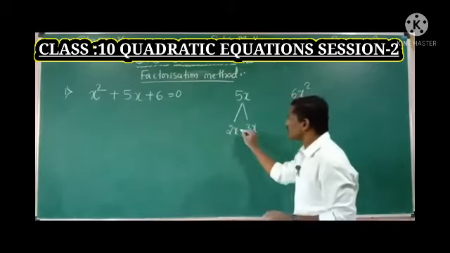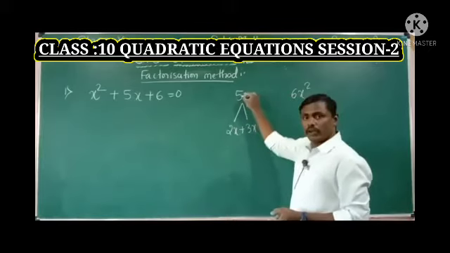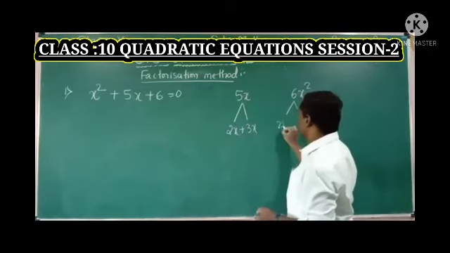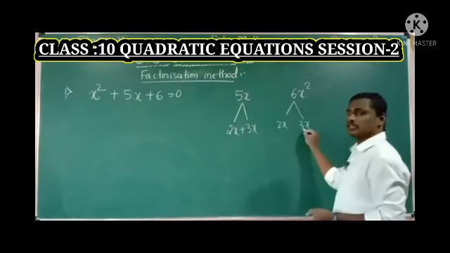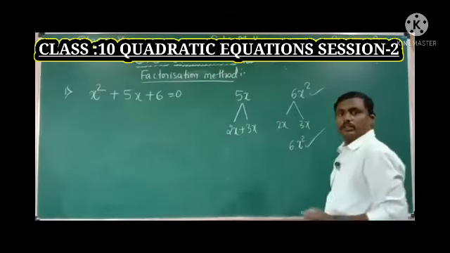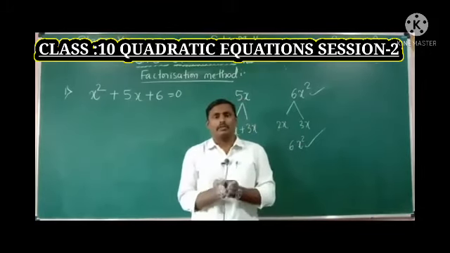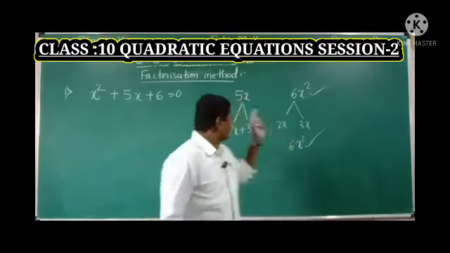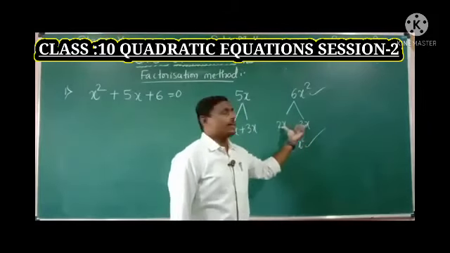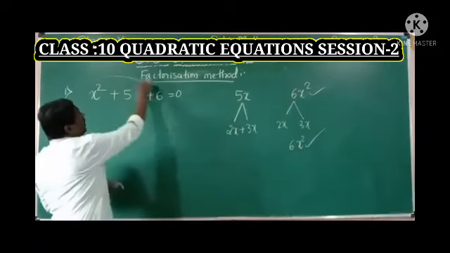Add these two, 2x plus 3x is 5x. The product of the same two terms is 2x into 3x. 2 threes are 6, x into x, x square, right? So factorization means splitting the middle term into two terms, whereby the sum of the two terms is equal to the middle term and the product of the same terms is equal to the product of the first term and last term.